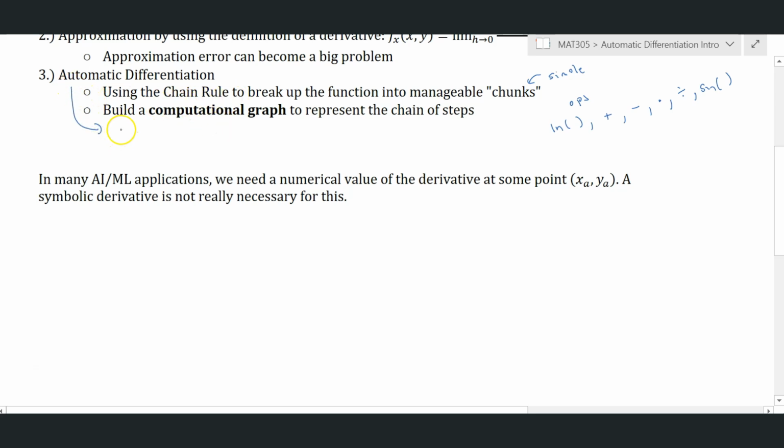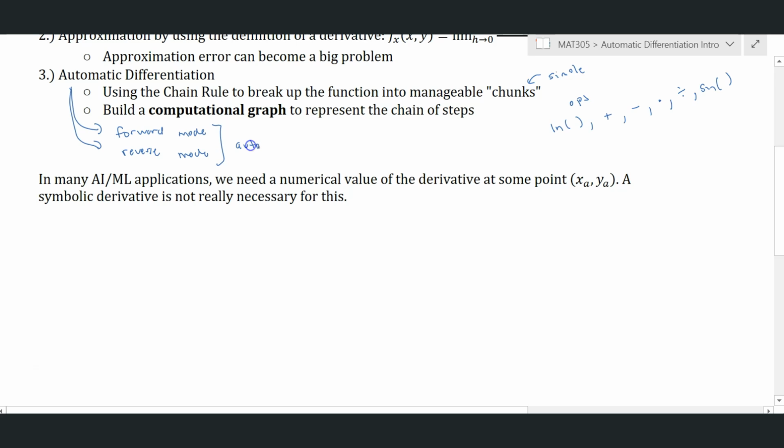One is what we call forward, and one is what we call backward, or rather, I should call it reverse mode. And then forward mode. Now, these are sometimes referred to as modes of automatic differentiation.